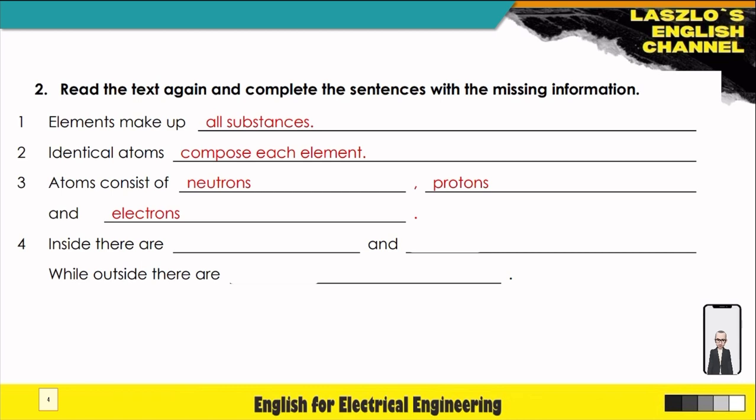So inside are the neutrons and protons, while outside you will find the electrons, of course. Okay, here we go. Yeah, electrons, as I said.